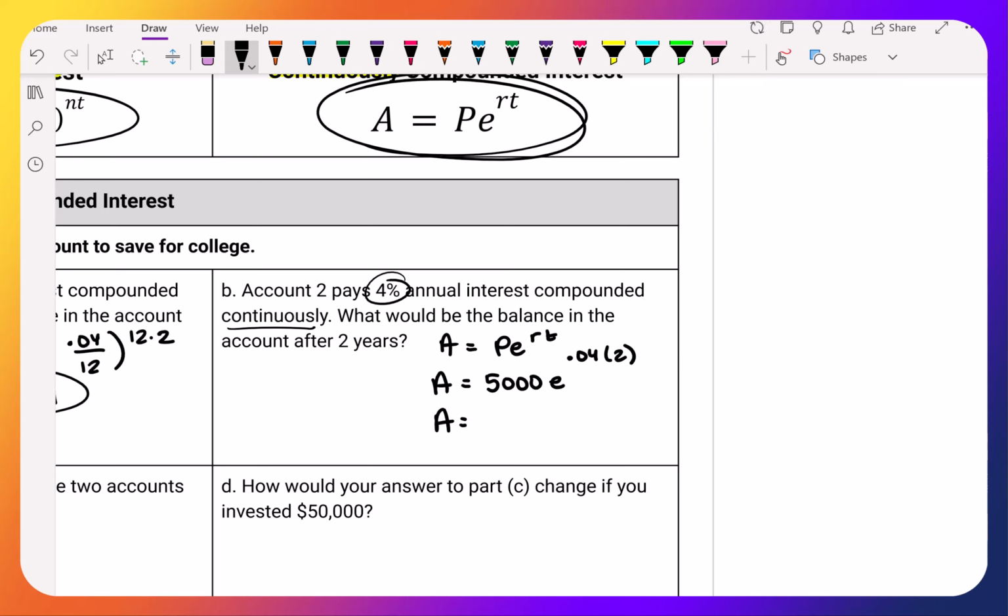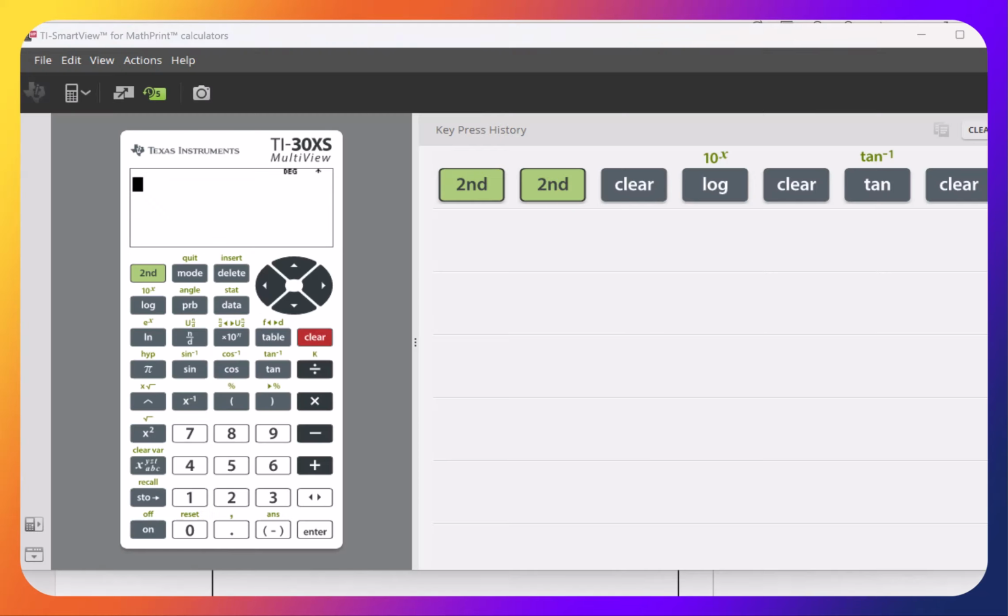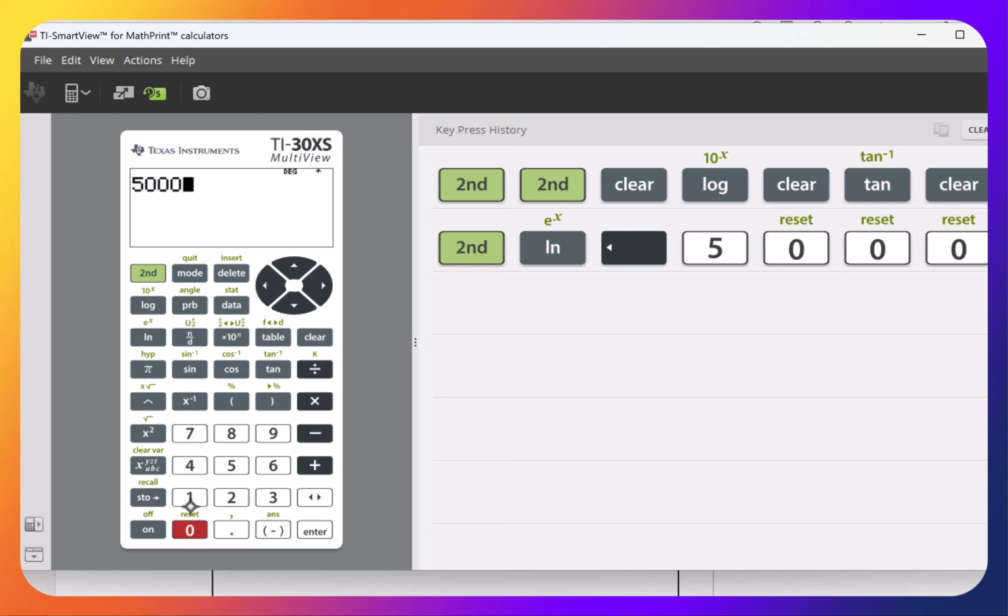Now, if you don't know where e is on your calculator, let me pause the video, and then I'll bring up the calculator and show you where it is. Okay, so e is right here above that LN button. All you have to do is hit second LN. There it is. So you're going to type in e to the power of 0.04 times 2, but I need to type in 5,000 first.